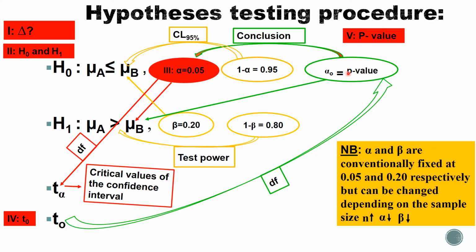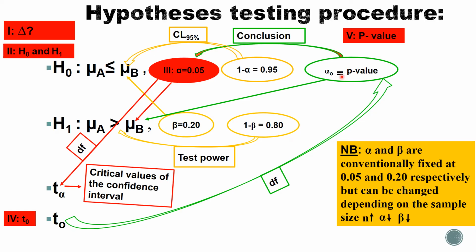So if there is a lesser probability that the observed result will be due to sampling error, then we could conclude that the result is statistically significant. In other words, the differences that we observe on the alternative hypothesis are actually not due to sampling error, but really exist in the real population if we are making our inferences.